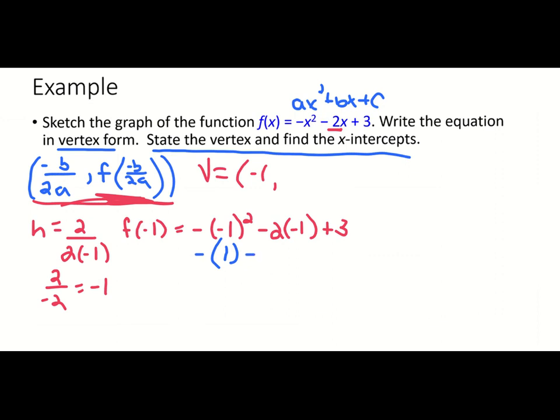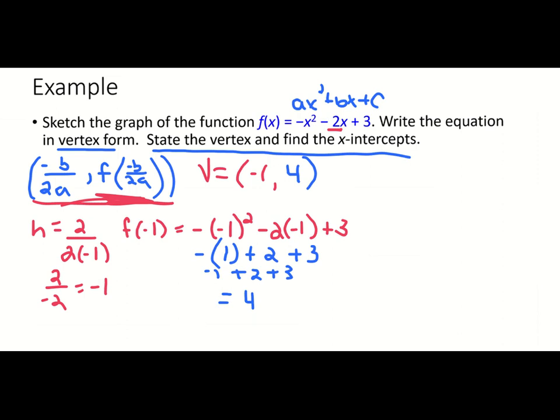And then negative 2 times negative 1 gives me a positive 2, plus 3. So it's negative 1 plus 2 plus 3, which if I do negative 1 plus 2, it's 1. 1 plus 3 will give me 4. So my k value is 4. That's my vertex. All right, now I have enough information to write my equation in vertex form.